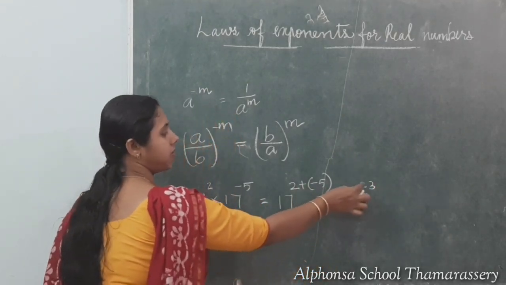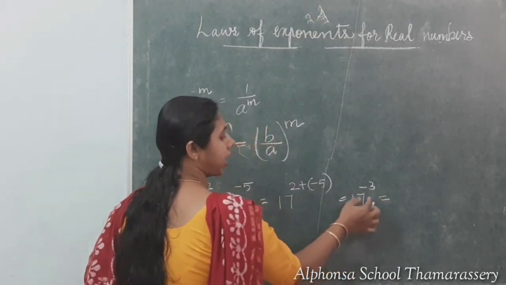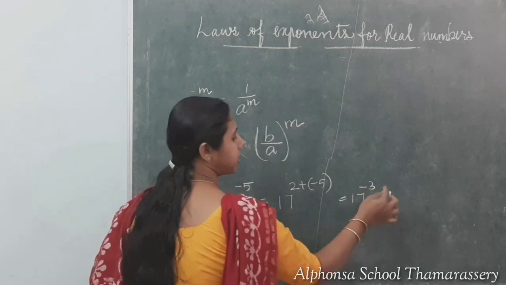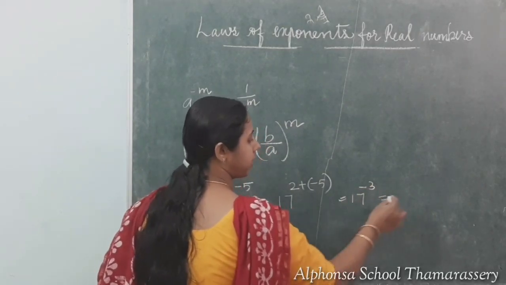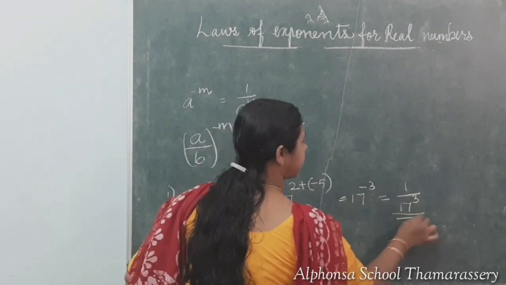It is in the form of a raised to minus n, that is equal to 1 by a raised to n. That means 1 by 17 raised to 3. That is the answer.